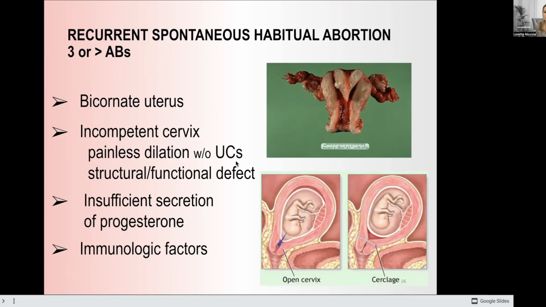Incompetent cervix, this is painless dilation without contractions, where the cervix, for whatever reason, is just not able to stay closed. It opens on its own. It is incompetent with keeping closed. That can cause these repeated habitual abortions.